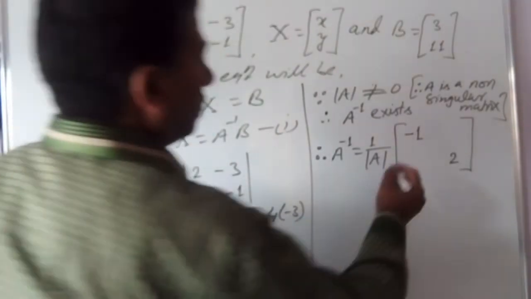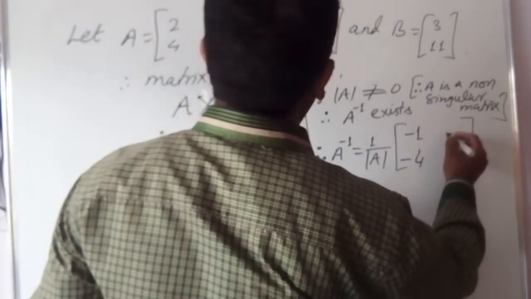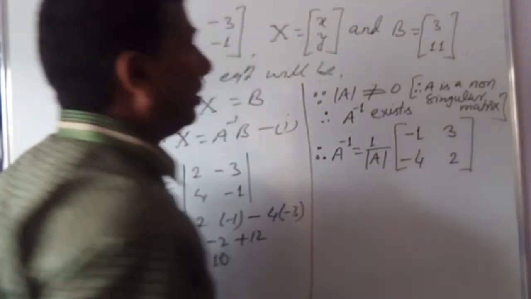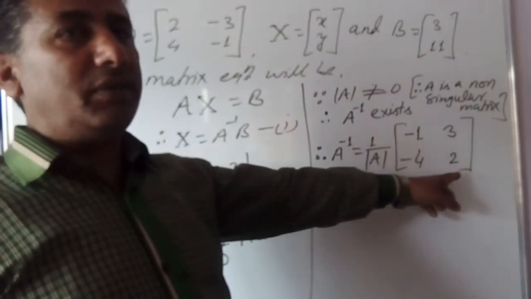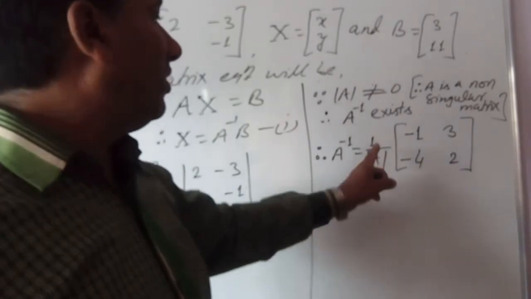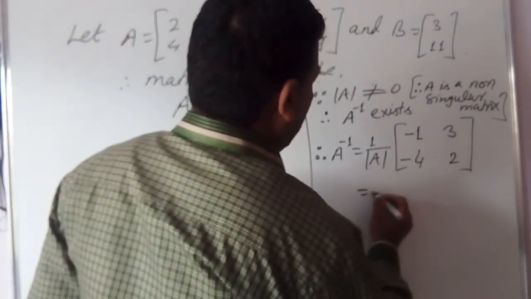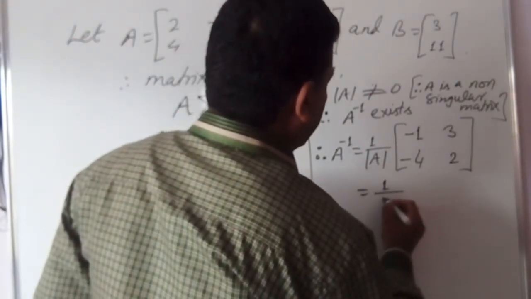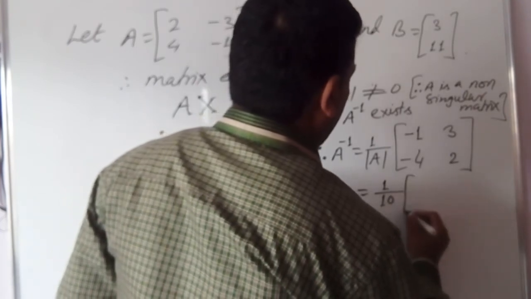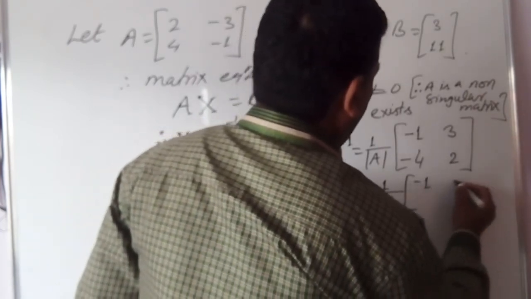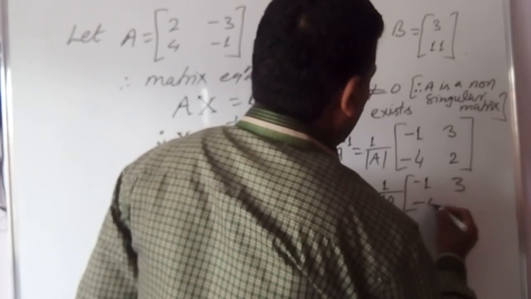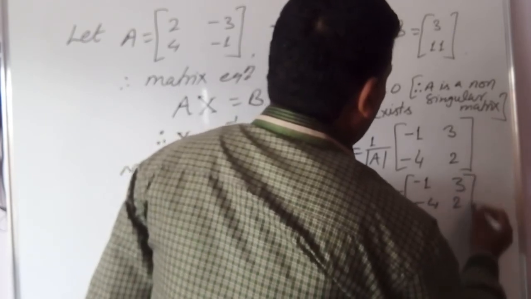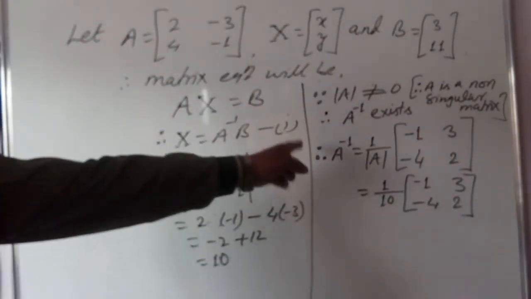Now this will be -4, and this one is +3. In this way you have to find the inverse. Now write the value of the inverse with the determinant, whose value is 10: 1 by 10 times the matrix -1, 3, -4, 2. Now we found the inverse matrix.